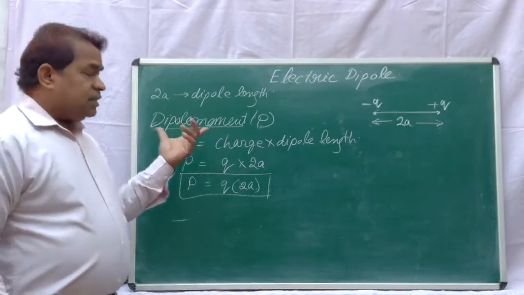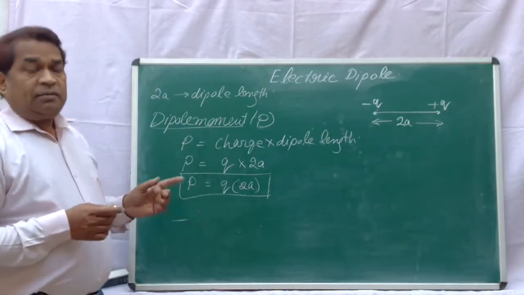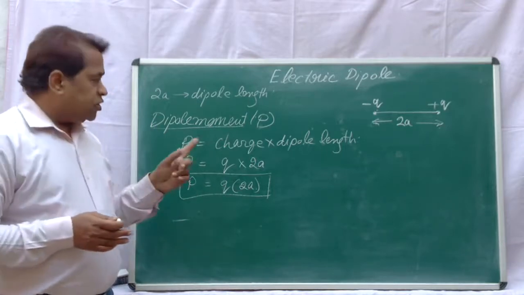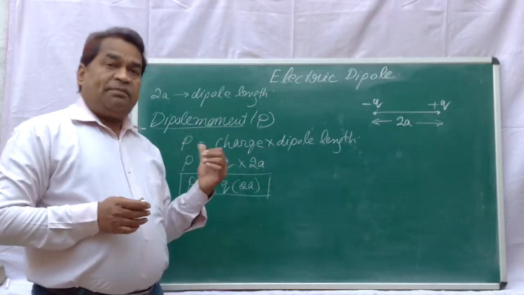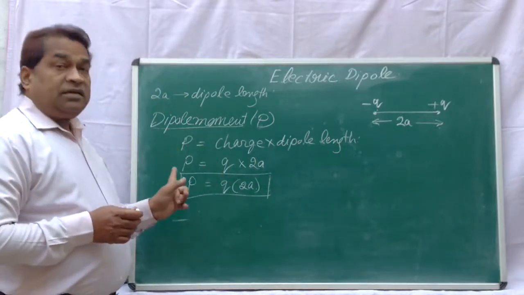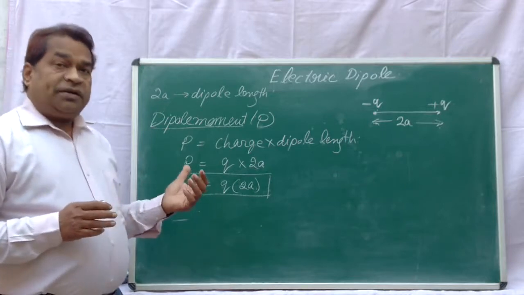As far as the definition of dipole moment is concerned, we can define it as the product of any one of the charges and the dipole length. It is a vector quantity, meaning it has some direction. So what about the direction?